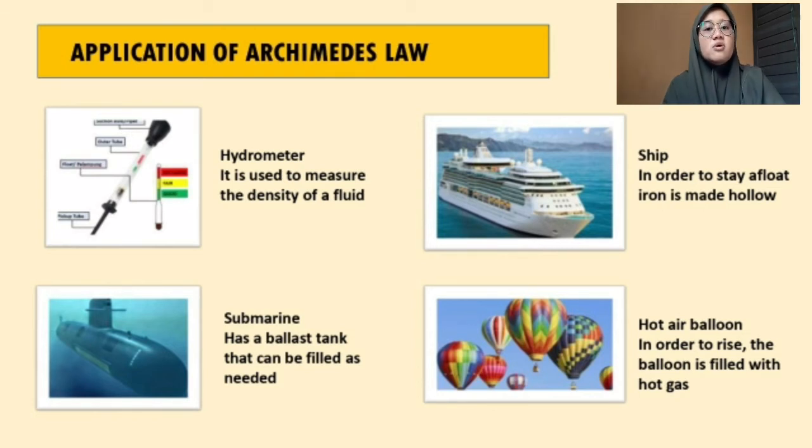The volume of the balloon is kept so that buoyancy force equals weight. And 3, in order to descend, hot gas is removed from the hot air balloon, so that the volume of the balloon decreases. So, buoyancy force is less than weight. Okay, next slide.